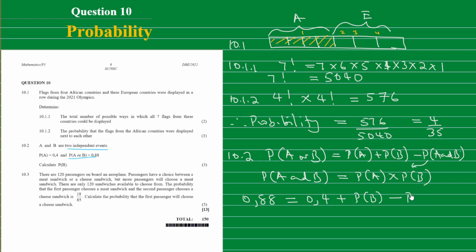The probability of A we know already, that is 0.4. So let's simplify that further. 0.88 will be equal to 0.4 plus P(B), minus 0.4 by the probability of B, that is 0.4 P(B). Then collect like terms and solve for P(B).